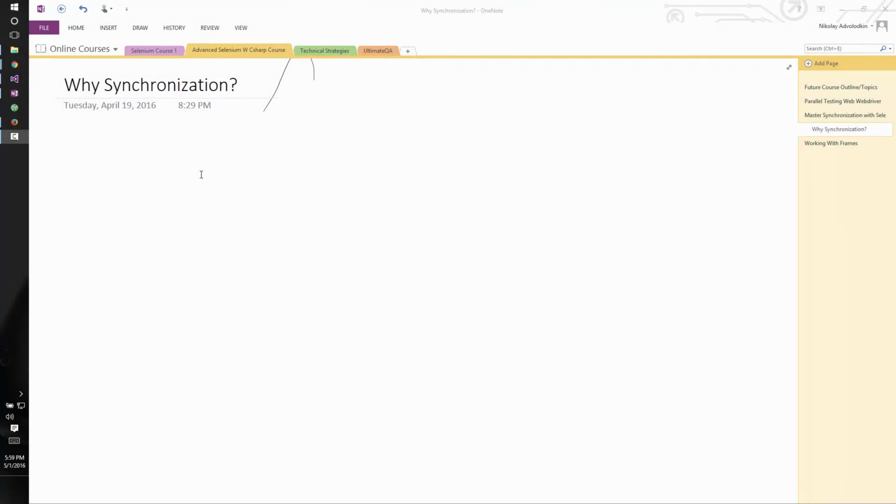Okay, awesome. So let's go ahead and do a quick recap of everything that you all have learned so that it's better sustained inside of your memory. We began this course by understanding why synchronization is important, right? And there were several points of why synchronization is important. It leads to intermittent test failures.